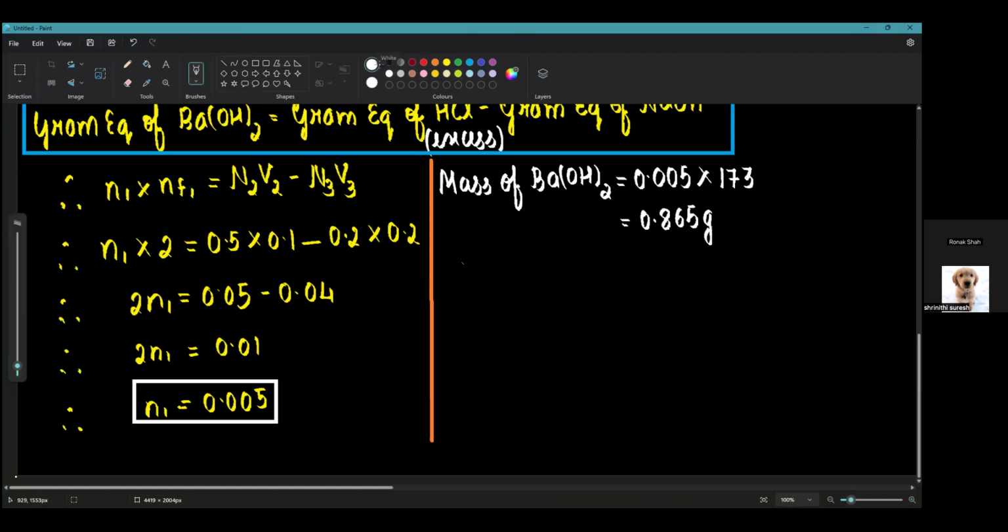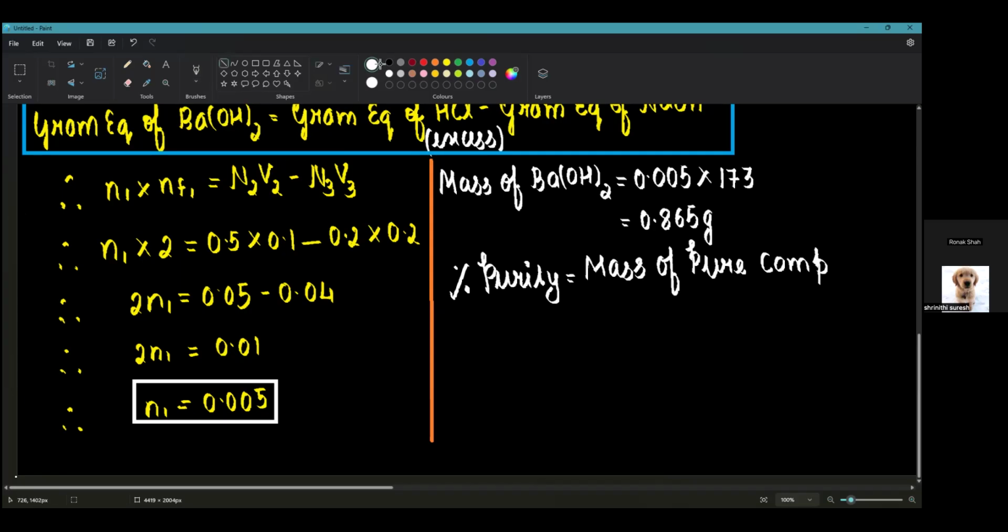Now look at this formula. The formula says that percentage purity is the mass of pure compound divided by the mass of sample into 100. I will write the formula so that it stays in your records.